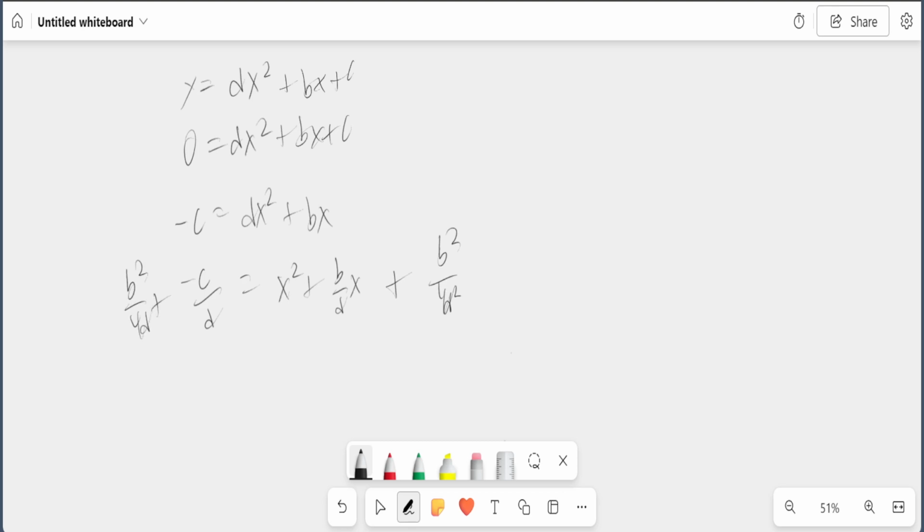We're basically adding b over 2a, squared. An easy way to remember why we're adding that is that it's the vertex. Negative b is the vertex, but because we're squaring it, we're keeping it positive. Actually, that doesn't really help remembering, but I guess it's interesting to note that's the vertex.